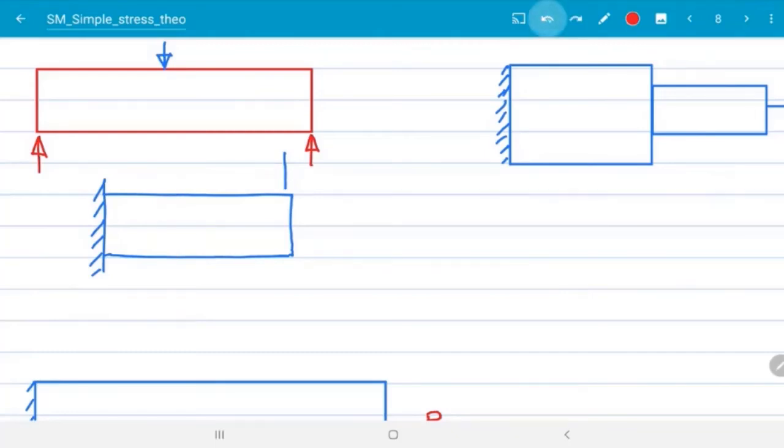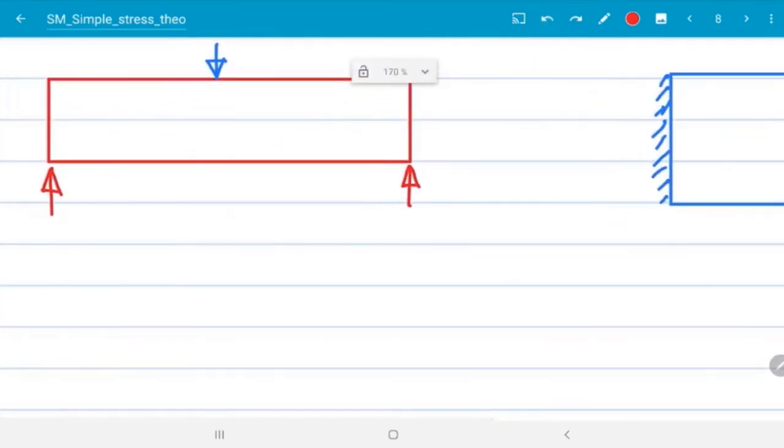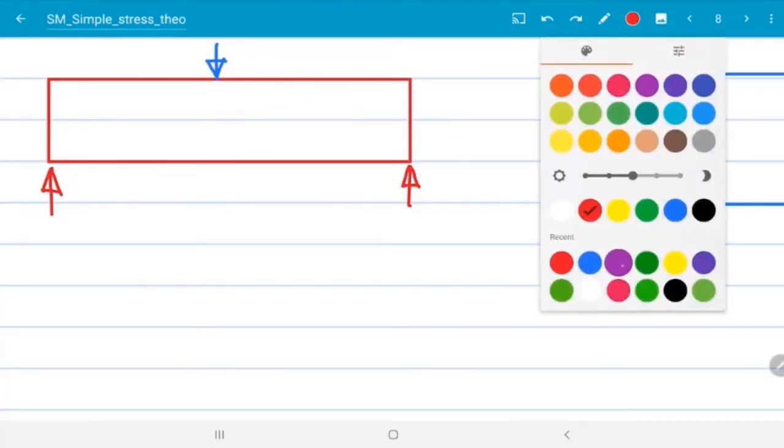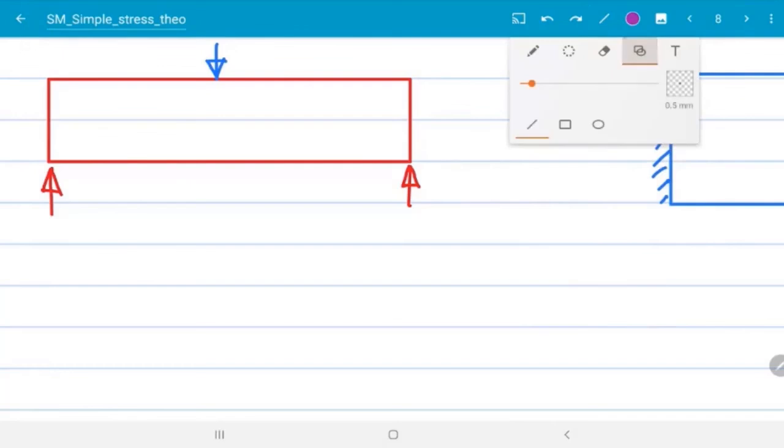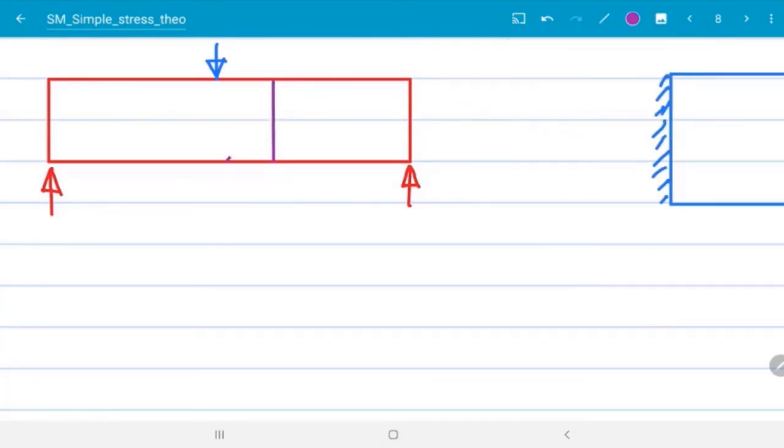Now we are going to discuss one interview question. While calculating, we are able to observe that the bending normal stress varies linearly.